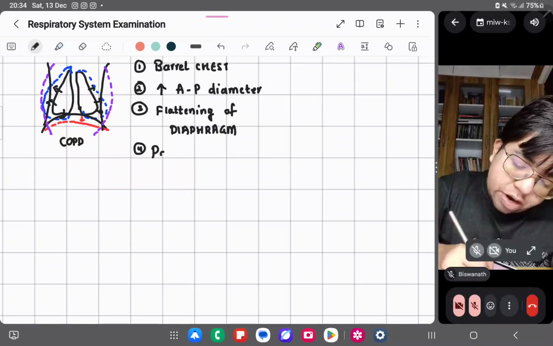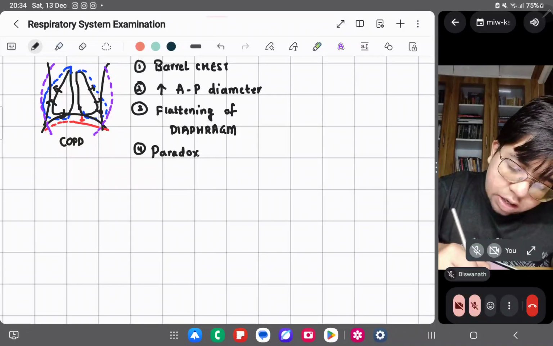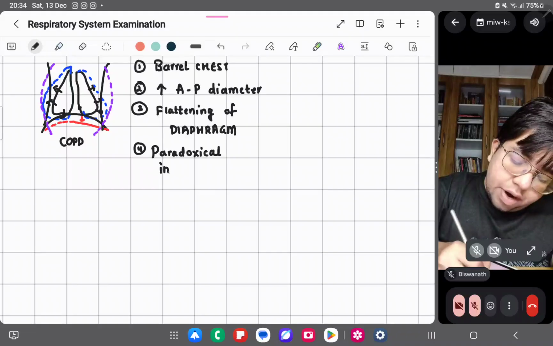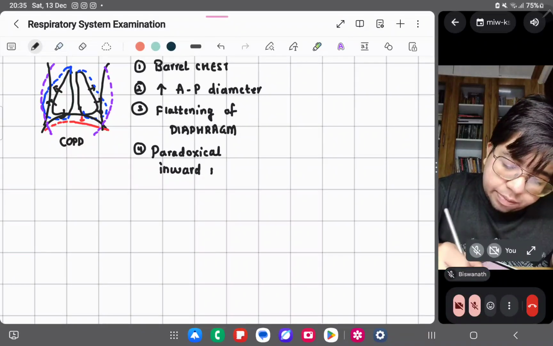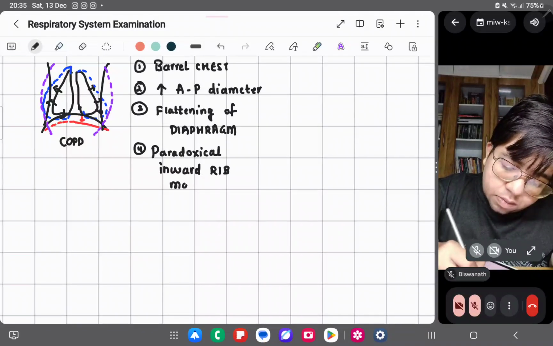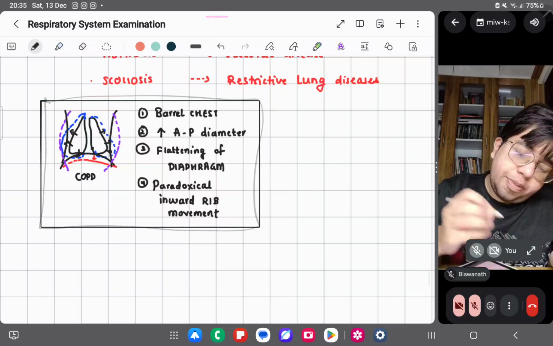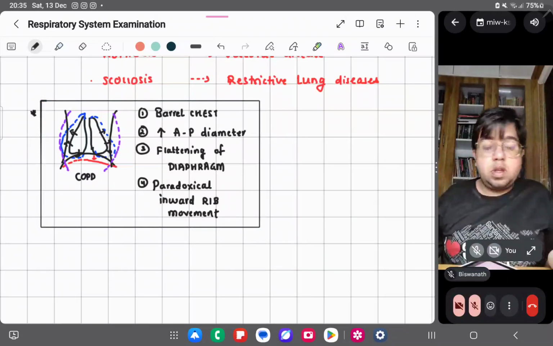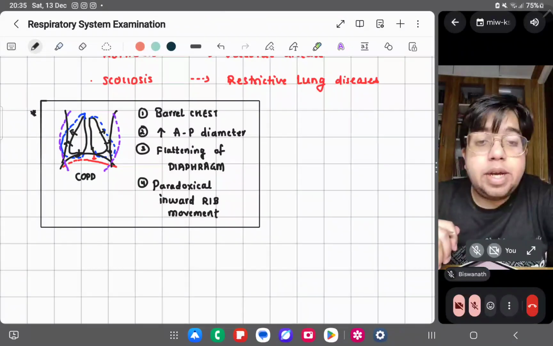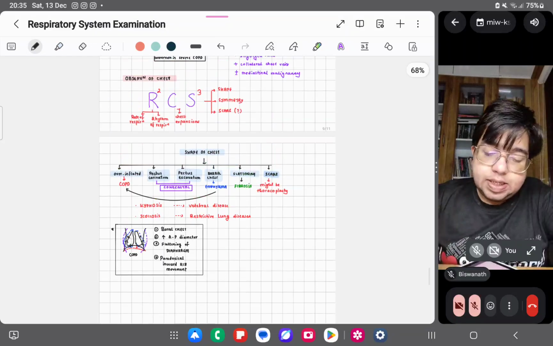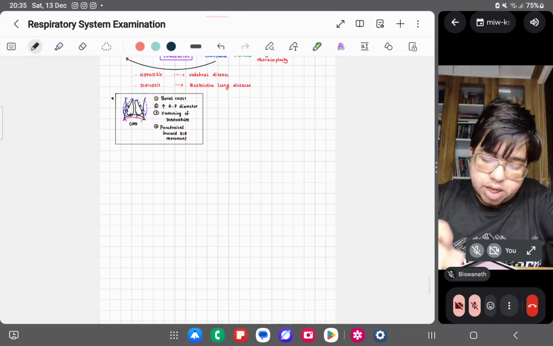So you'll have paradoxical inward rib movement. So these findings are specific for your COPD. So inspection part is almost done.